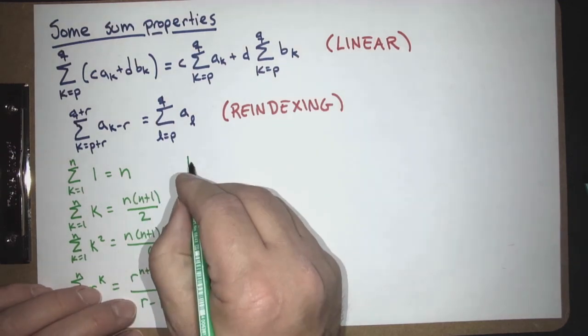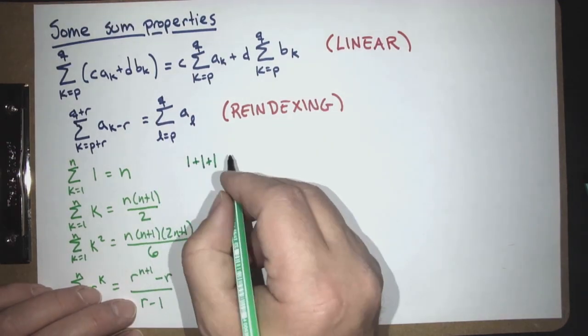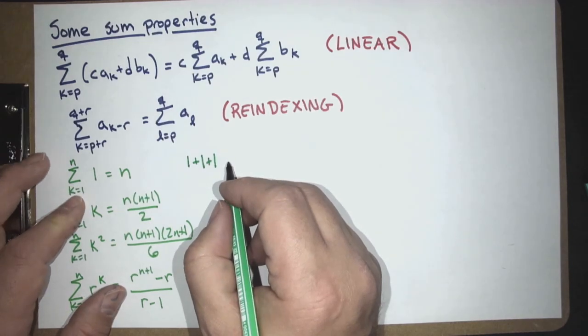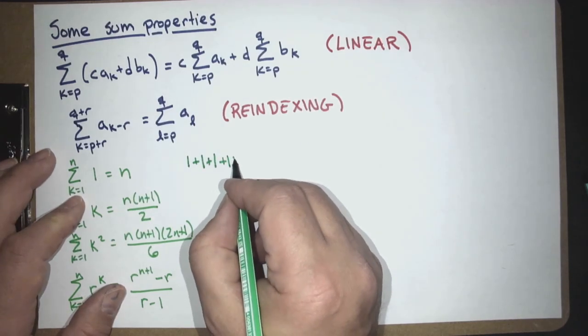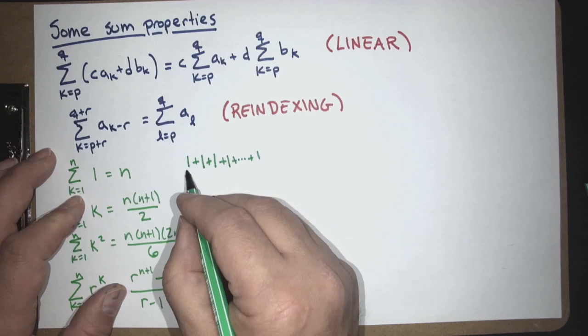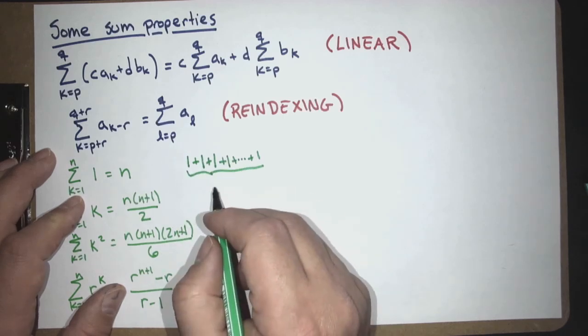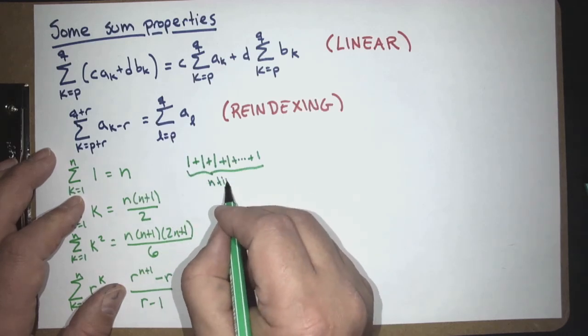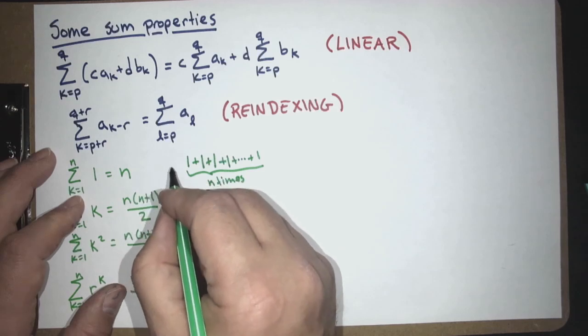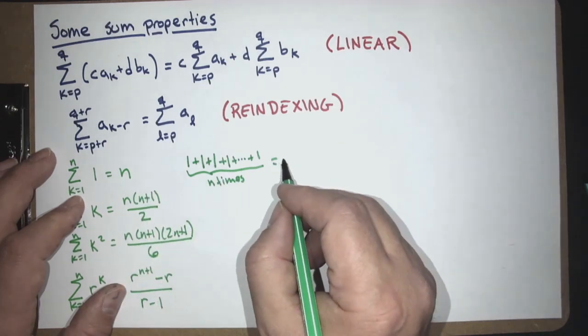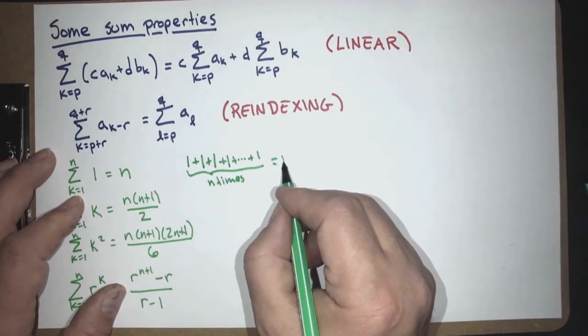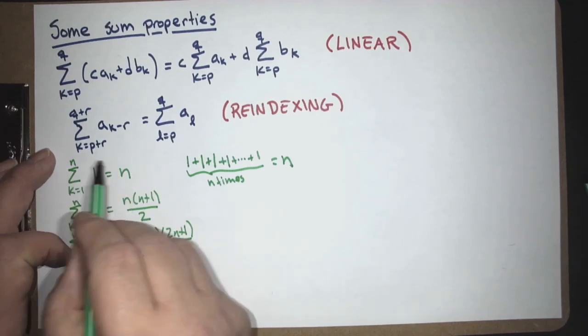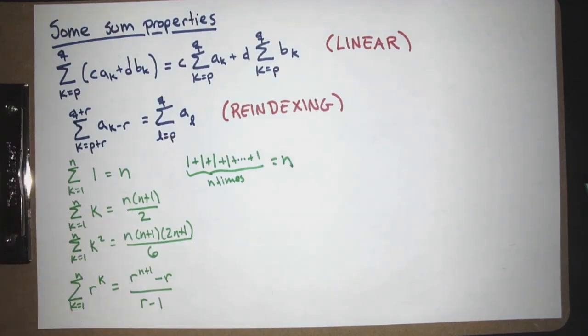Well, that's 1 plus 1 plus 1, because for every value of k, we always are adding 1. How many times do we add 1? n times. So if you add up 1 n times, what do you get? You get n. That's what the first sum is saying. And I believe this. If I add up 1 17 times, I get 17. Cool.